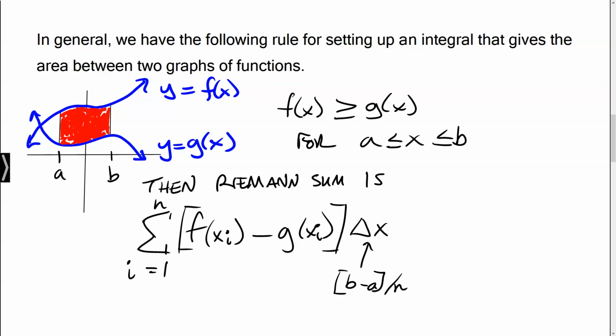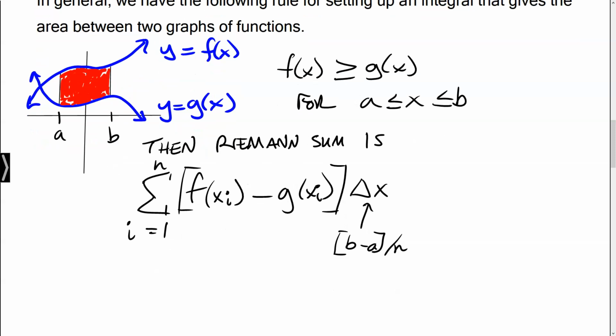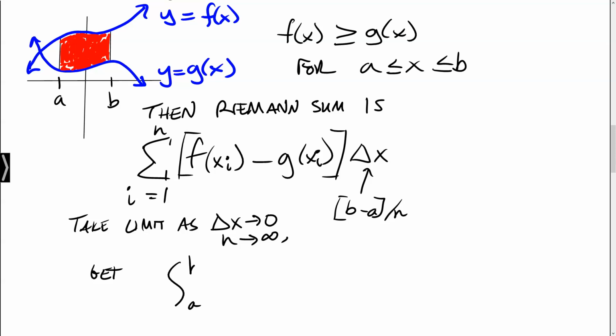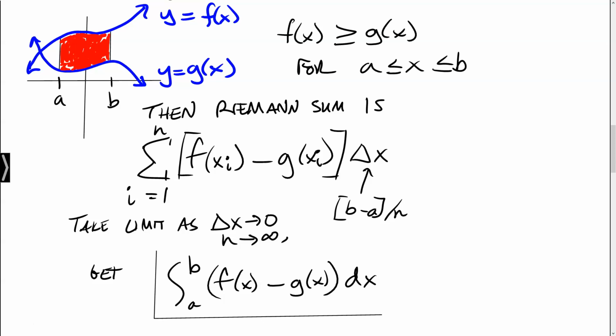So this is our Riemann sum, and then we take the limit as delta x goes to 0, and as n goes to infinity, and we get the integral from a to b of f of x minus g of x dx. So that is the integral that gives us the area of this particular region.